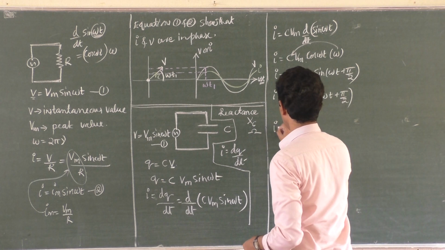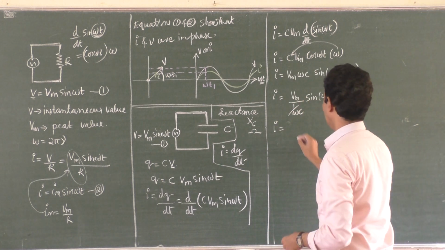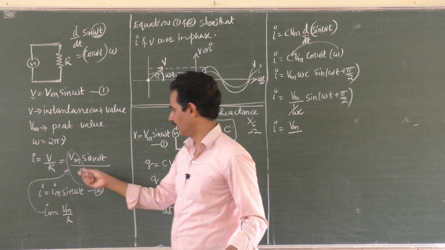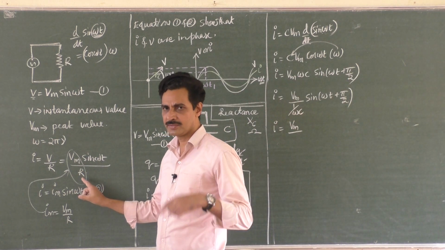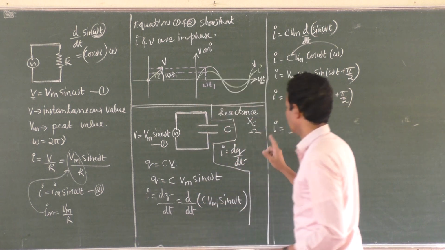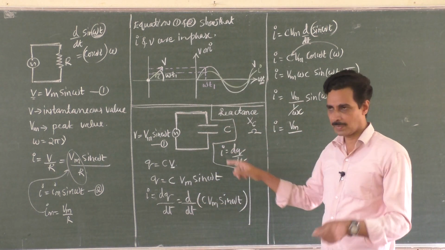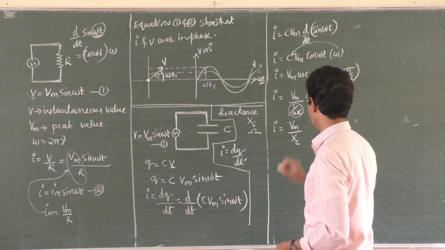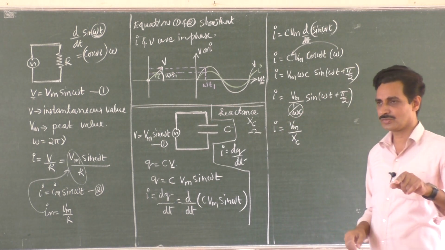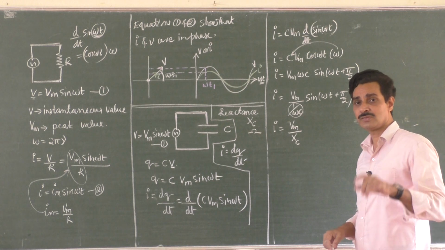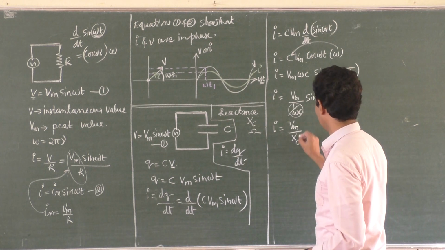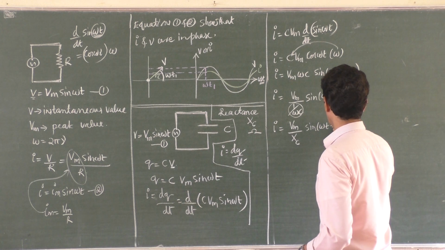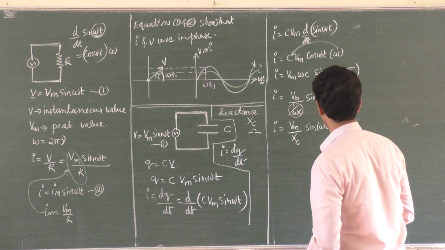I is equal to Vm divided by, if I want the same type of relation, Vm by R, here it is a pure resistor, whereas here it is not a pure resistor, it is a capacitor. I will indicate this as its reactance Xc. What is its reactance? Opposition given by the capacitor to the flow of AC. And I will call this term Xc sine omega t plus pi by 2. You know that sine 90 plus theta is cos theta.